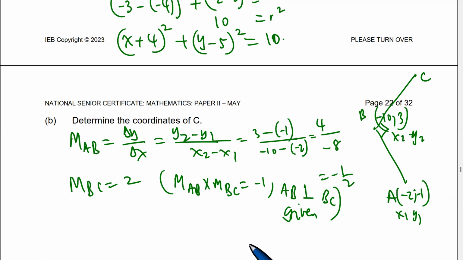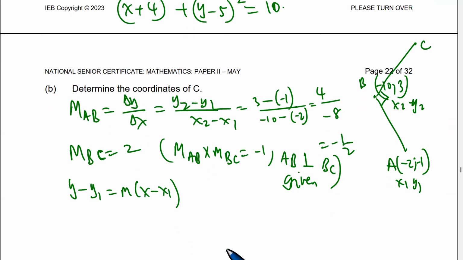Okay. Right. Now we want to find the equation. We have the gradient, and it passes through a known point, so we can use y minus y1. We want to find the equation of the line BC, and we know one point there, the point B through which line BC passes, so this is x minus x1.